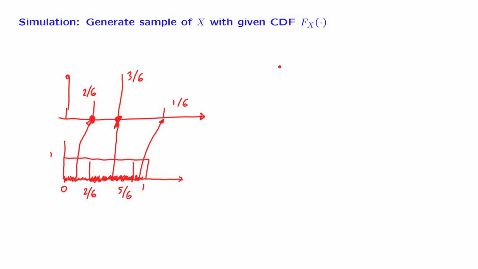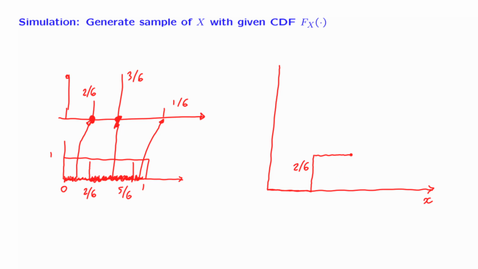Let us now look at what we did in a somewhat different way. This is the x-axis. And let me plot the CDF of my discrete random variable. So the CDF has a jump of 2/6 at a point which is equal to that.